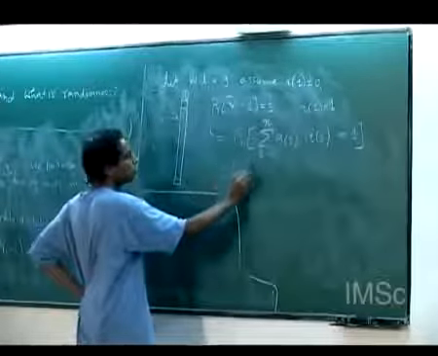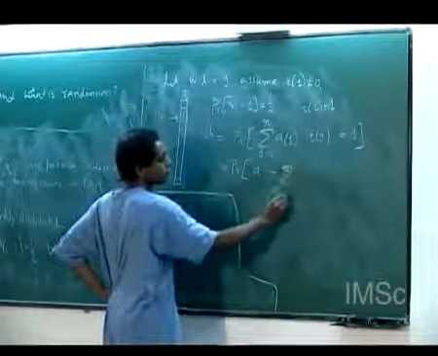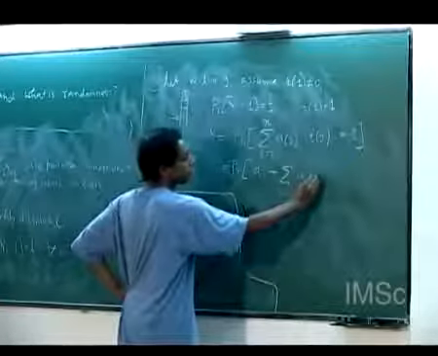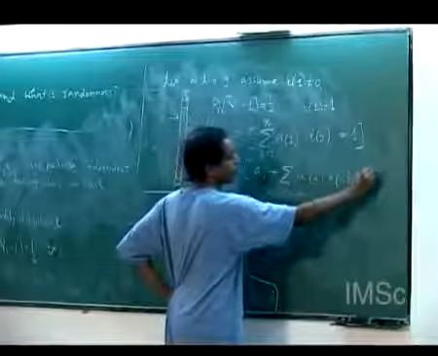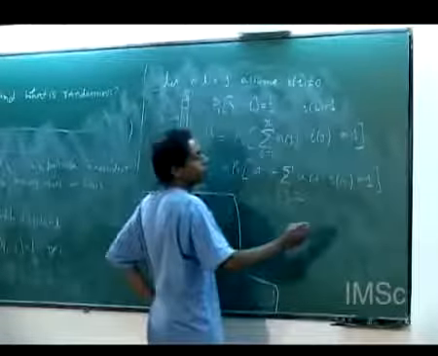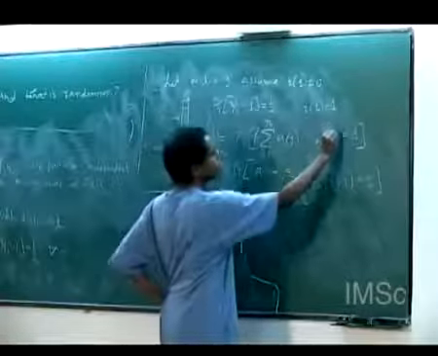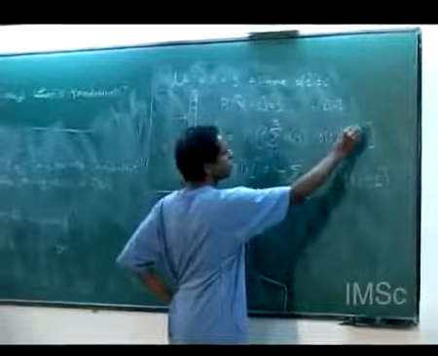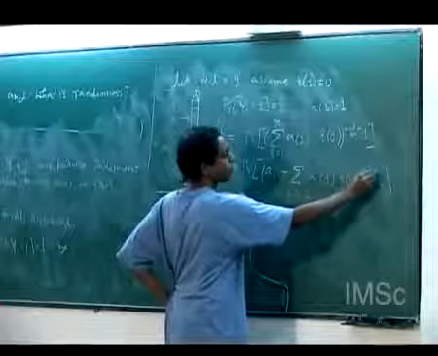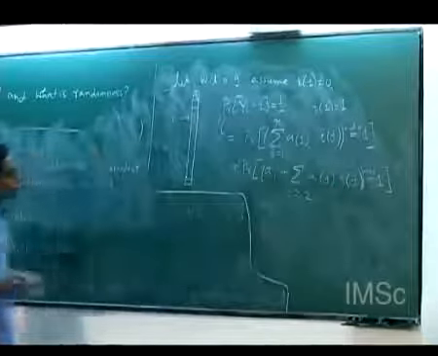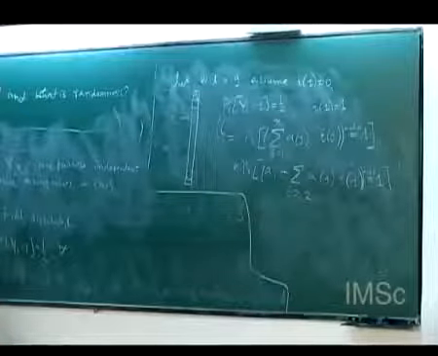Let's just split the summation and write it as A1 plus the rest. Maybe I should always carry mod 2, otherwise it can look confusing. So what I mean is just mod 2, but if it is clear to you, then you can ignore that symbol. Alright, so this is the probability you have to estimate.